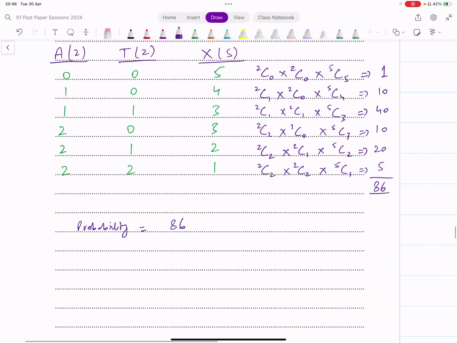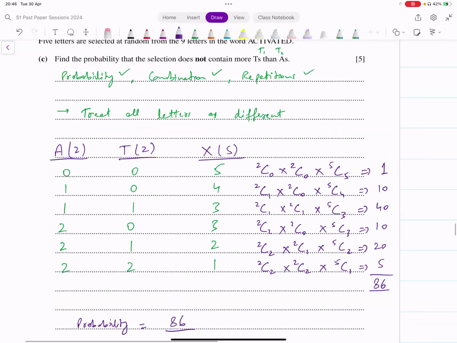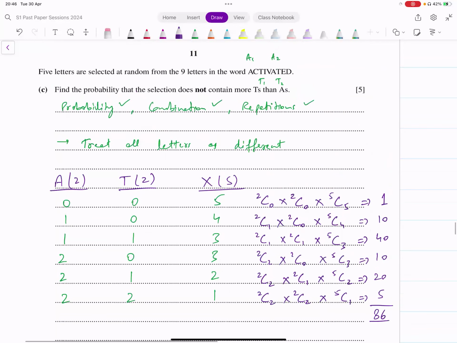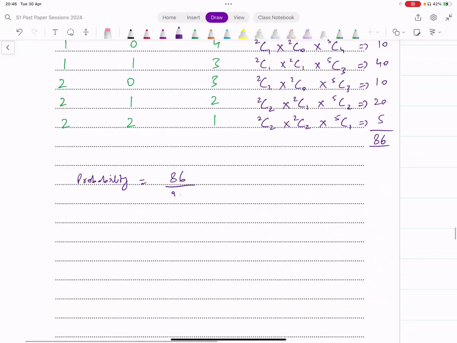Probability would be 86 divided by the total number of possible combinations. You have 9 letters. Out of them, you have to select 5. In the denominator, you just have 9C5. Remember, we're treating all letters as different. So we can just use combination here directly, 9C5, and that should give you the result 86 over 9C5.